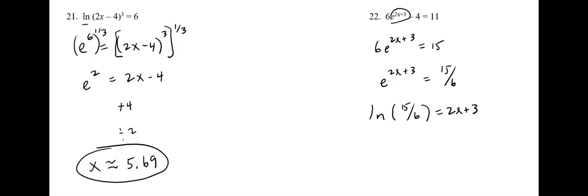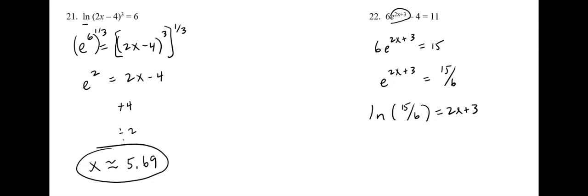And it's pretty much calculator time now. Just do natural log 15 divided by 6. And just leave that decimal there in your calculator.